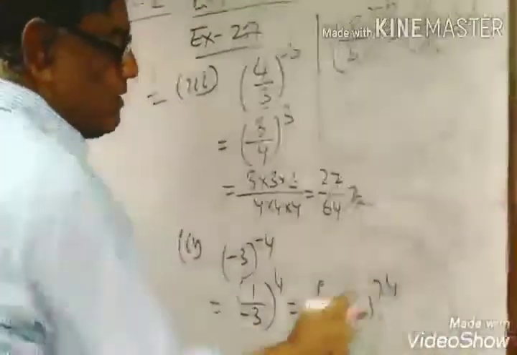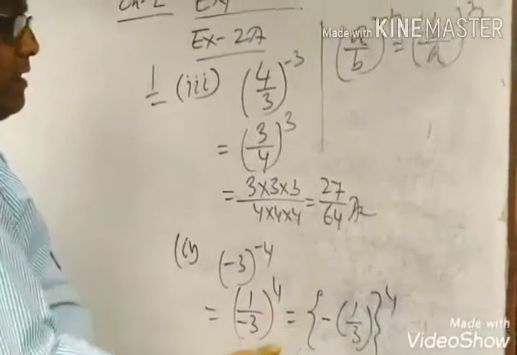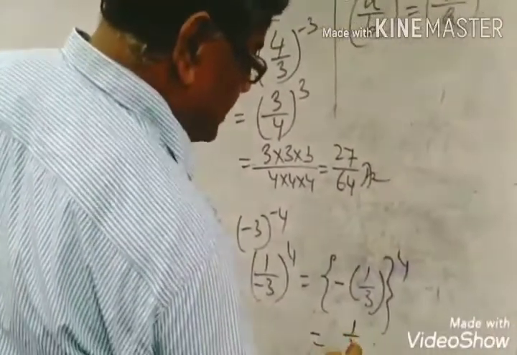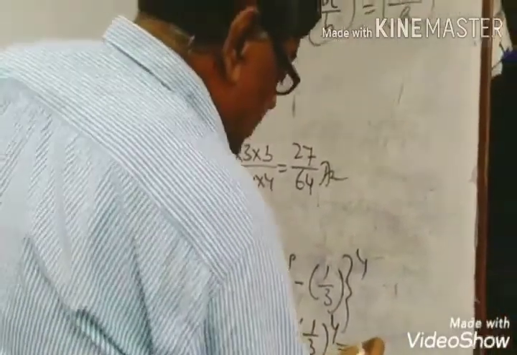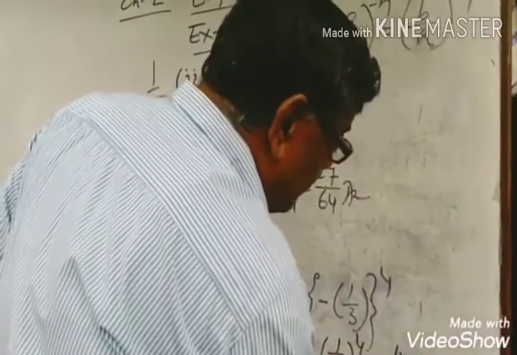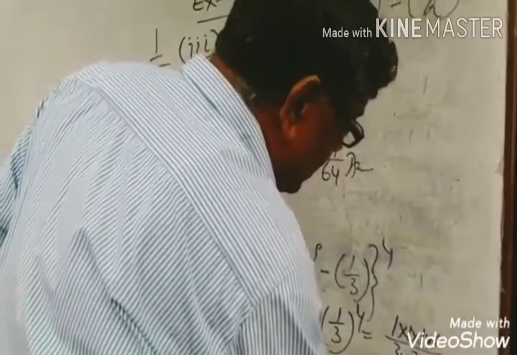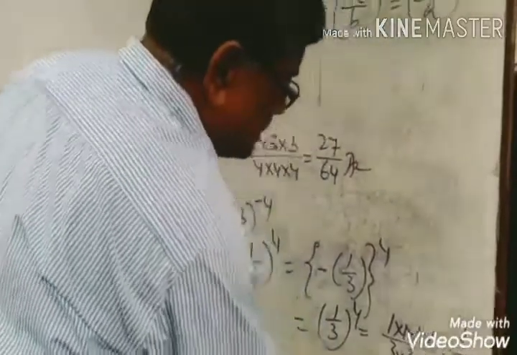Now the power is an even number, so this negative sign will be a positive sign. That means (-1/3) to the power 4 equals 1 into 1 into 1 into 1 by 3 into 3 into 3 into 3, equals 1 by 81. 3 3 is 9, 9 3 is 27, 27 3 is 81. This is the answer.